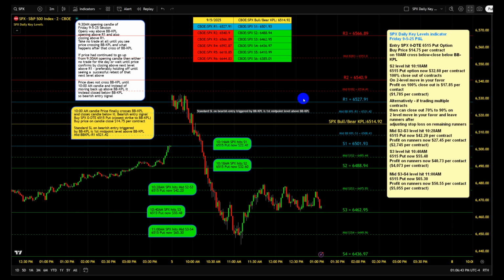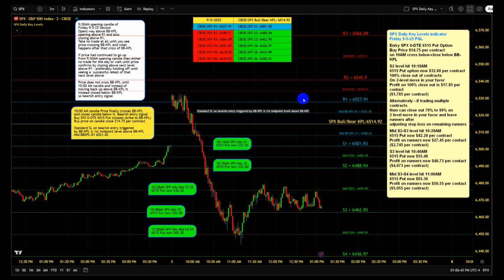Master SPX option trading with the Day Trading GPS SPX Key Levels indicator for a crucial advantage you need in trading SPX 0DTE options. This powerful tool is designed to help traders optimize their trade entries, improve stop loss placement, and enhance profit-taking strategies by providing accurate daily key levels that can significantly impact your trading outcomes.